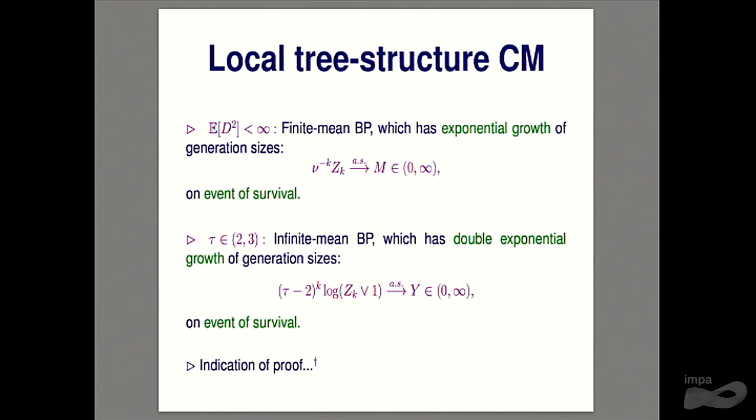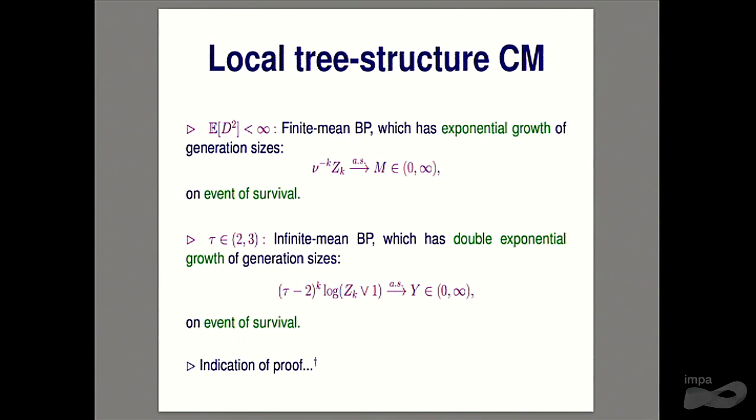That's exponentially small. If I multiply that by Z_k, what I get is a martingale in k, which is non-negative, and therefore by the martingale convergence theorem, it will converge to a limit. Now, under this x log x condition, you can show that on the event of survival, the limit really is strictly positive. And it's also finite.